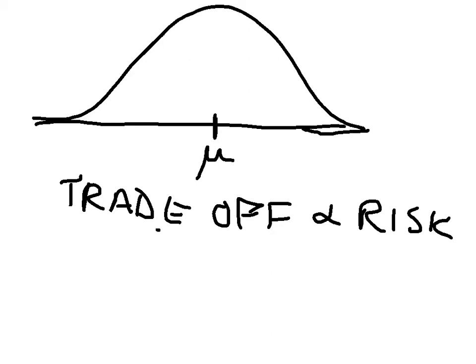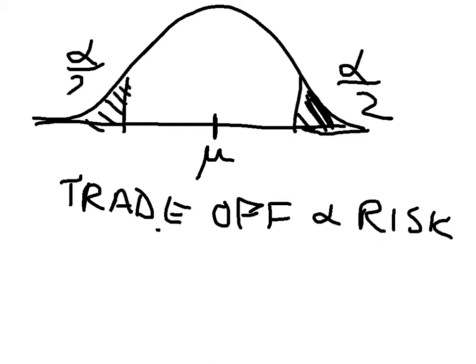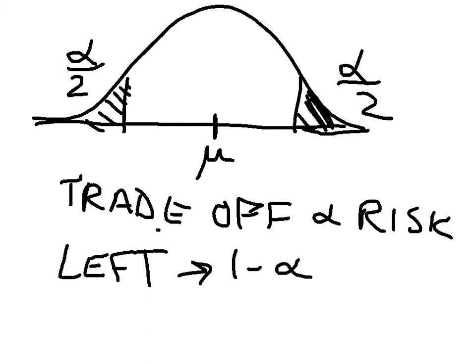So I'm going to take my alpha, and since my normal curve is symmetric, I'm going to slice off alpha over 2 to the right and slice off alpha over 2 to the left. Okay? So what is left is 1 minus alpha, yes?